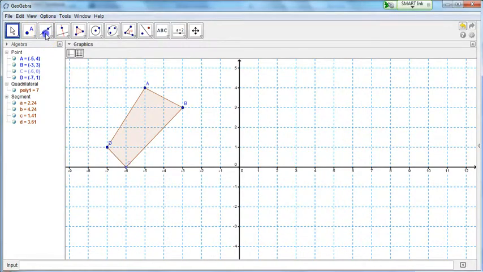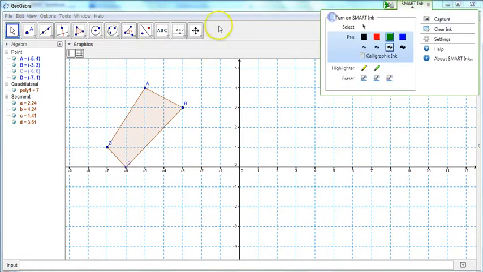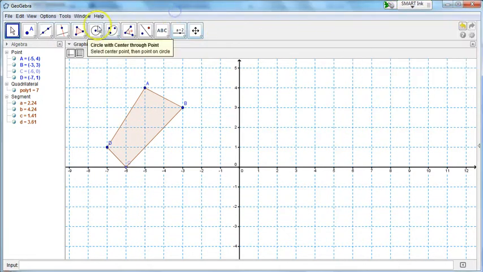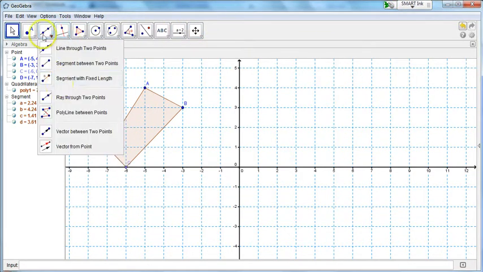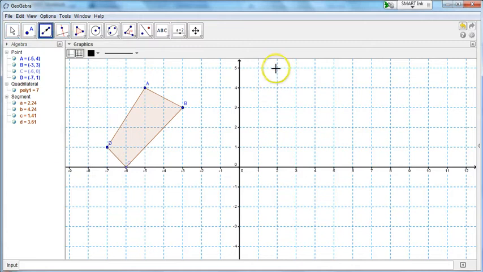And here's an example of translating. When we translate an object in GeoGebra or in geometry in general, we need a vector to tell it how to move. So say like this vector.